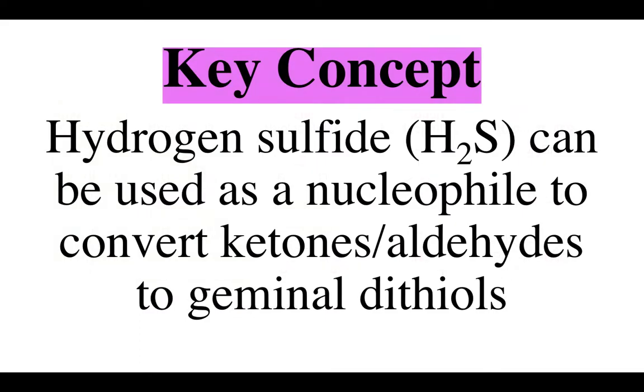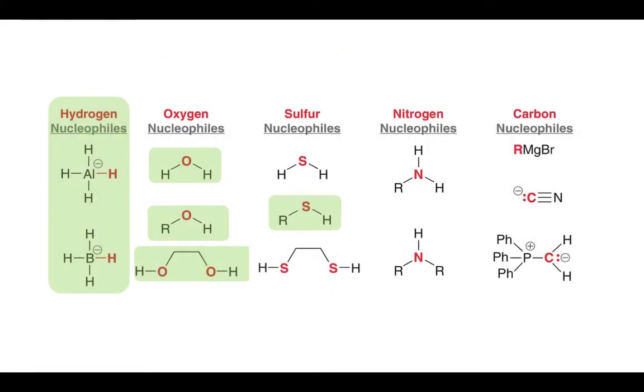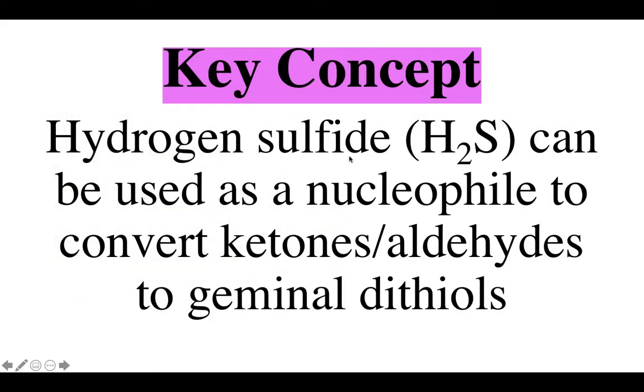So hydrogen sulfide can be used as a nucleophile to convert ketones or aldehydes into geminal dithiols. In our last video, we saw that water was used as a nucleophile to convert our ketones or aldehydes into hydrates, and we saw that it only really works on formaldehyde. In this case, we're going to use the sulfur analog of water, known as hydrogen sulfide, H2S.